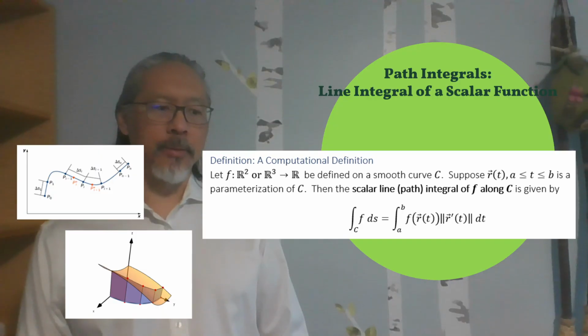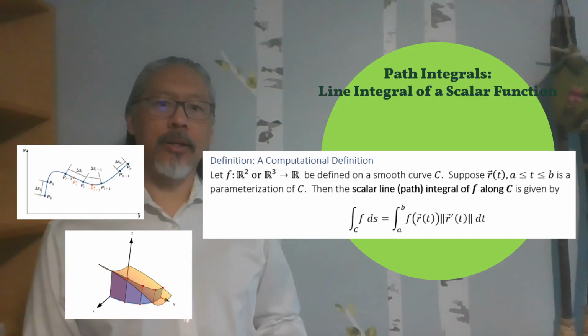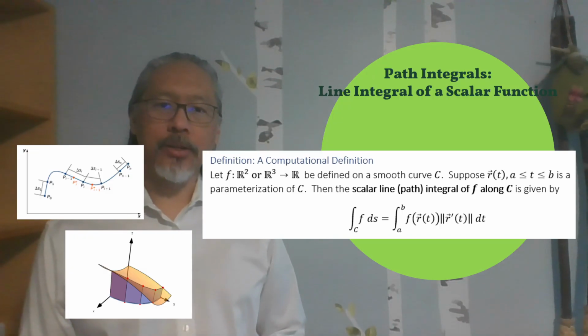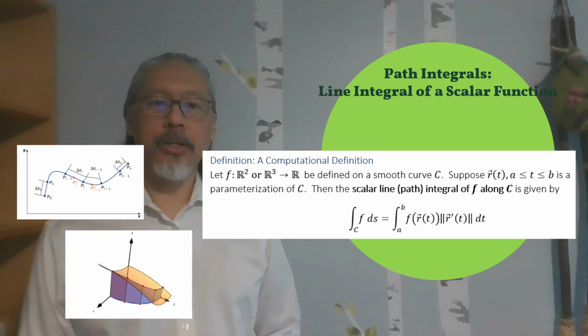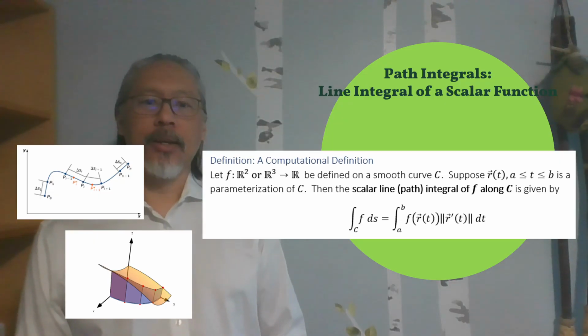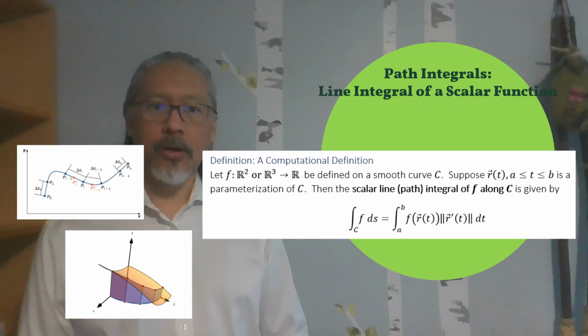The main formula that comes out of this, we say that it's an integral over curve C of some scalar function f ds. That's the notation, but the working definition is that you have to parameterize the curve C, and then you put that parameterization r of t into the function f. And so that's the f part. And then the ds, if you remember, was a notation that we used for arc length.